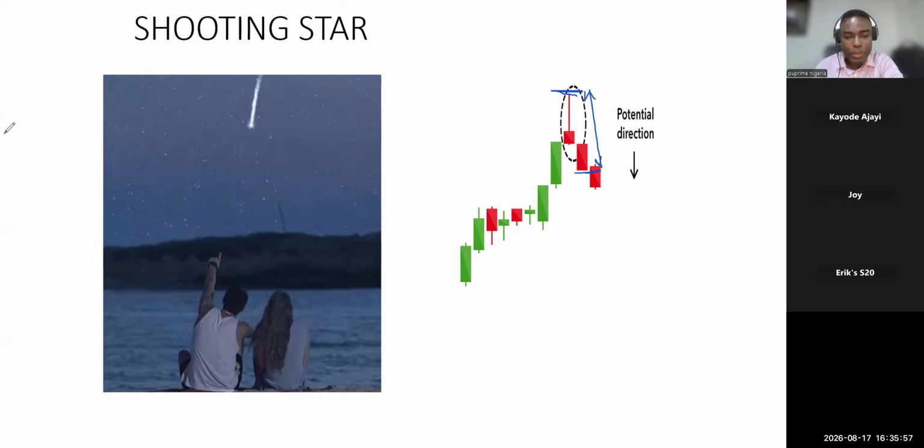All right. Any other question? Okay, Cheesy Nation is saying shooting star on gold currently. Looks like Cheesy is a pro trader. Any other question?